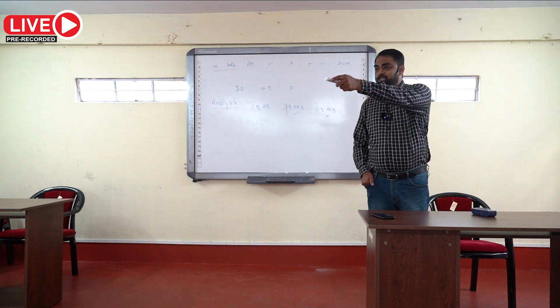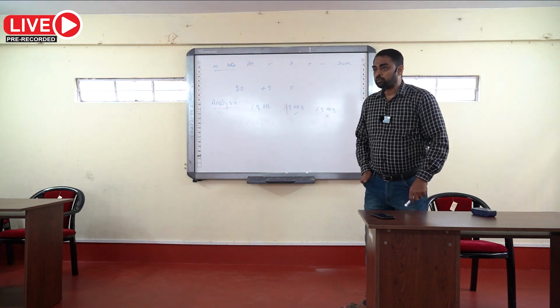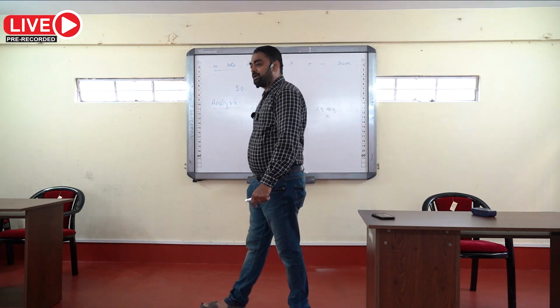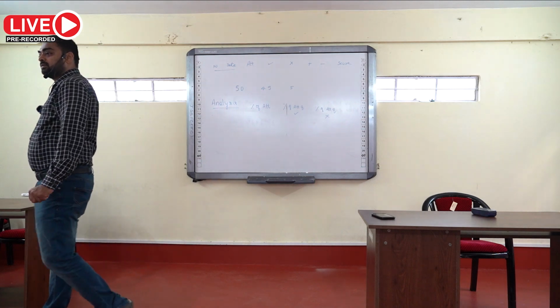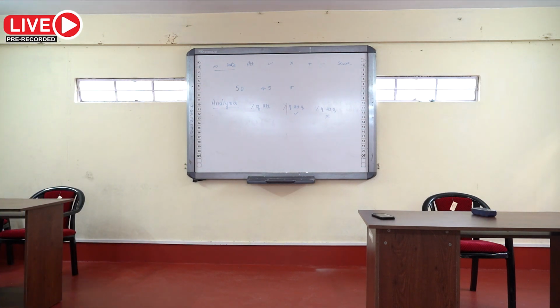Okay, you tell how many questions you attempted? 75. How many did you get right? You don't remember? Total number of questions that you got right? How many questions were right? 30. Oh, sorry, 40 I got correct and 35 wrong. 40 you got correct and 35 was wrong.